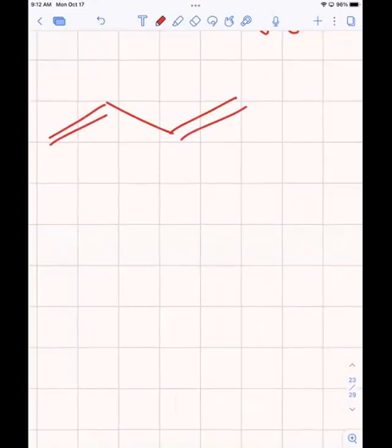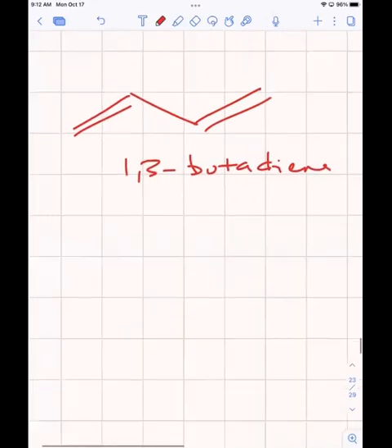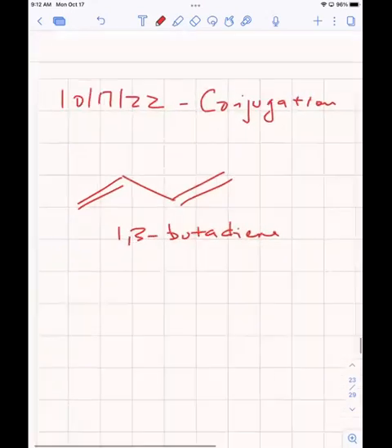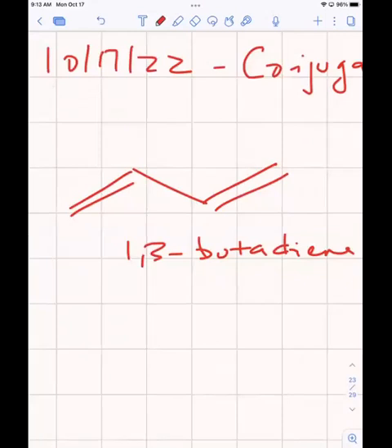Where you have, and this is the most simple conjugated molecule, 1,3-butadiene, right? And if you notice, and this is the easiest way to think about this, there's a pattern, right? There's pi, there's a sigma bond, and another pi bond. So pi, sigma, pi.